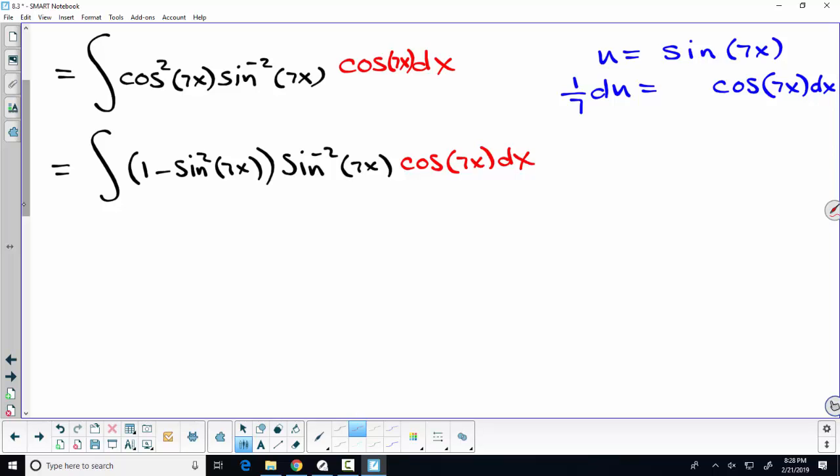Because that's just 1 minus u squared now. And our cosine of 7x dx was 1/7 du.